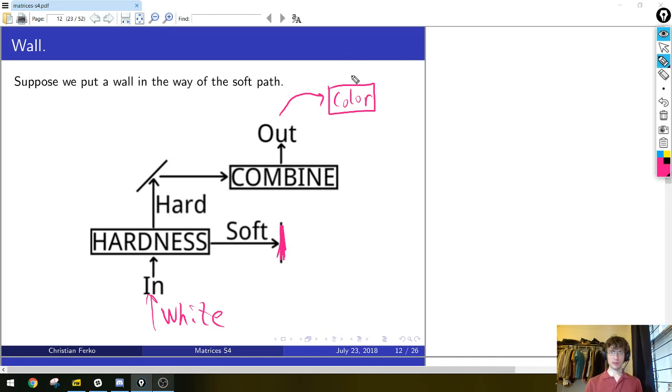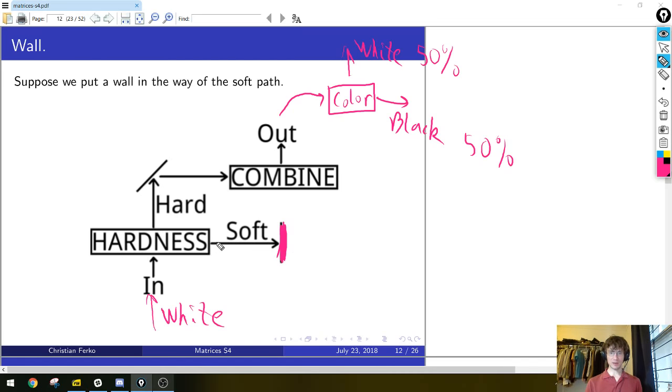In the previous case, we had 100% white and 0% black. Amazingly, if you put in the wall, which stops the soft electrons from leaving the hardness box rather than bouncing them off the mirror the way we did before, it's back to 50% white and 50% black.